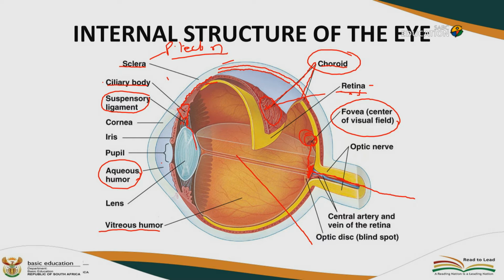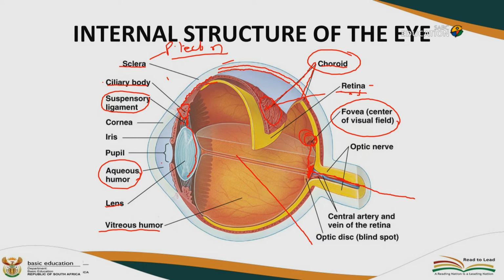And this is the lens. The lens is made up of protein and water. We'll come into that. But now, the lens is held in position by the suspensory ligaments and the ciliary body. And I want to mention that this lens is able to stretch. So it's an elastic organelle.